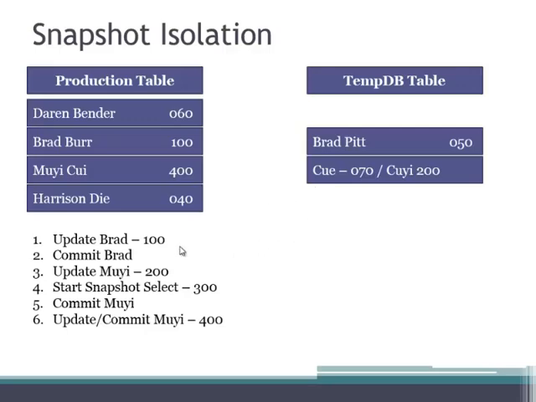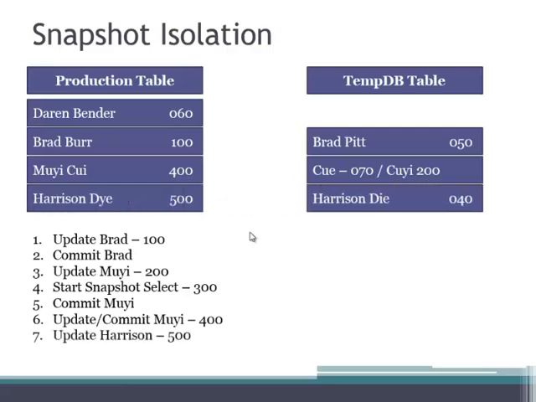So this transaction is given another ID, and you can see here from our series of events that the numbers are increasing. So now over in TempDB we have two versions, the first original one, the second one, and now in our production database, we have the third one here with the current value with finally the correct name for Mui. Next they start a transaction, update Harrison's name, because it was misspelled as well.